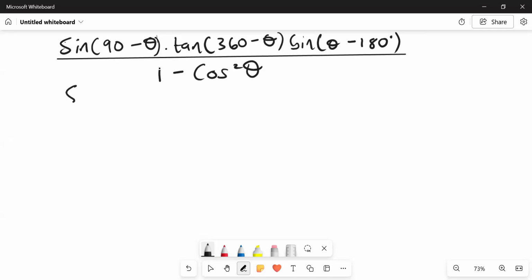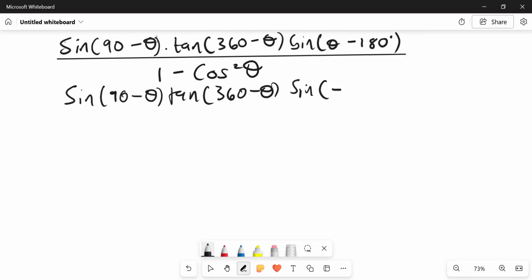Let's fix that one. You have your sine of 90 minus theta, tan 360 minus theta. I'm not in a hurry, I just want to fix this one. Take out the common factor of negative. Now you're left with 180 minus theta, so that when you multiply by the negative, you get the same expression there on top.